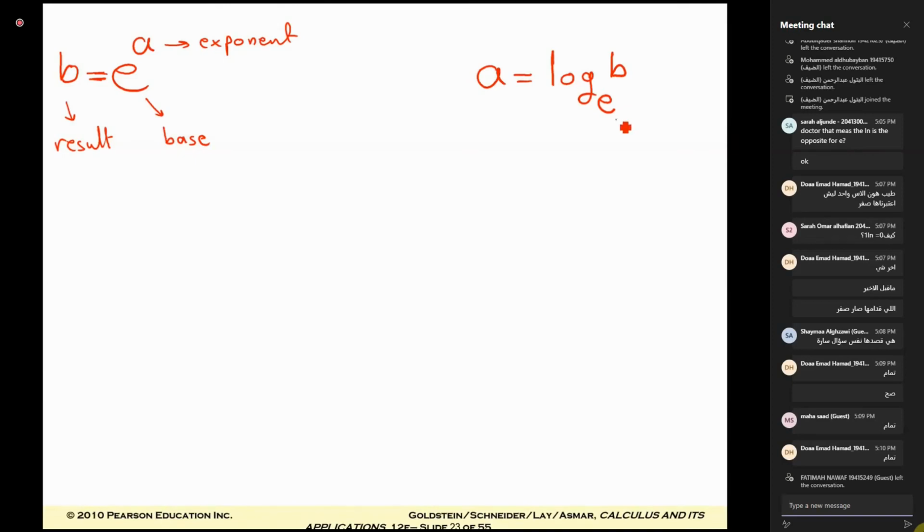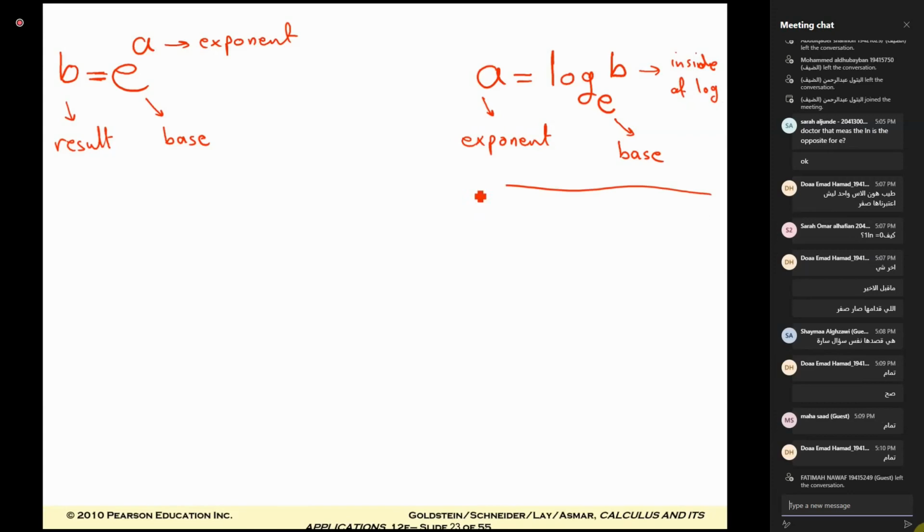So this is the base of the logarithm, and this is the exponent. Exponent for what? Exponent for the base, and this is the inside of a logarithm.